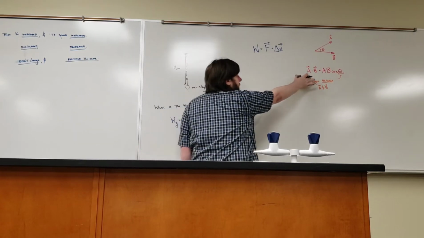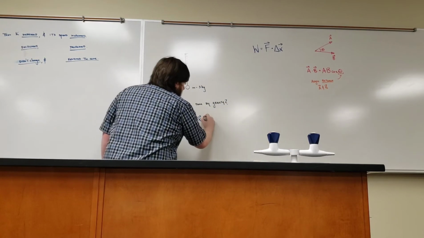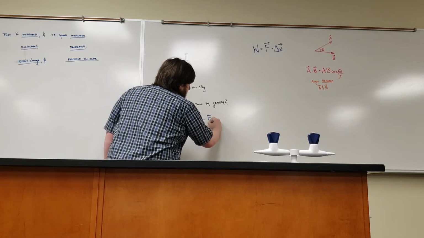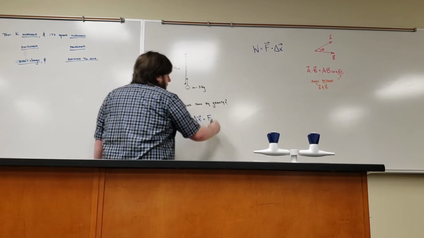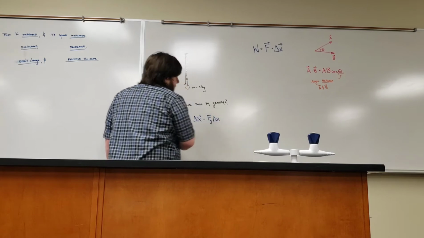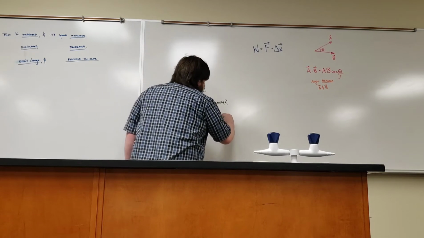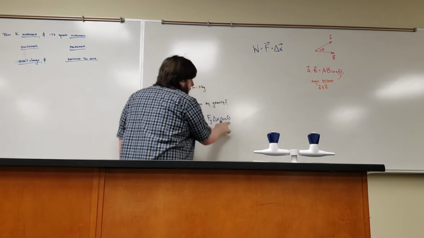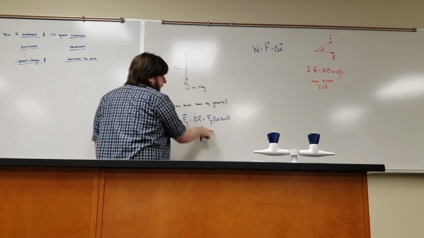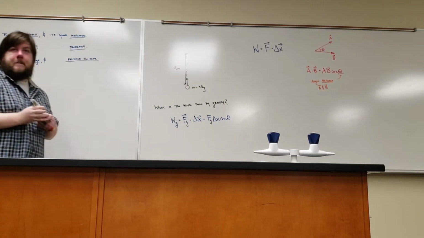Using this formula, the dot product is equal to the magnitude of the force of gravity times the magnitude of the displacement times cosine of the angle between the force of gravity and the displacement.